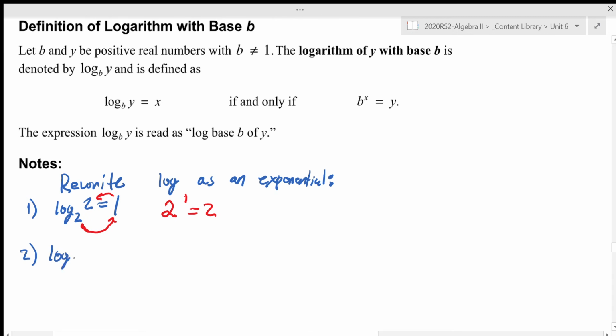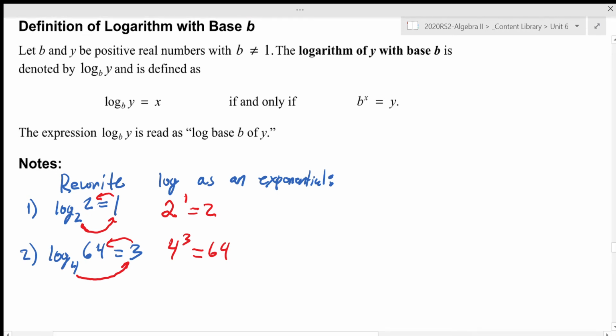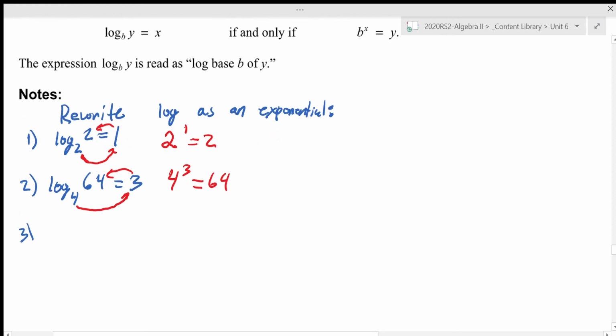So let's try 2 more. Let's do log base 4 of 64 is equal to 3. All right, so log base 4 means that we're going to have a base of 4 to the 3rd power equals 64. And one more, let's do log base 1/3 of 81 is equal to -4.